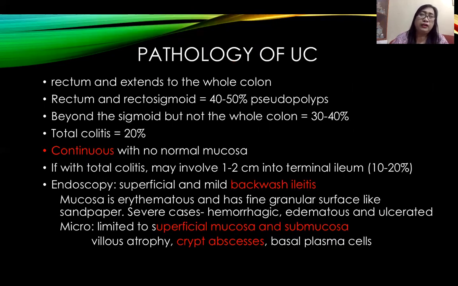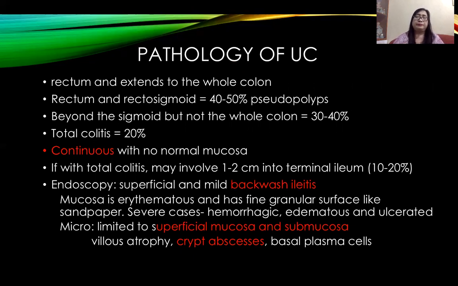So, as to ulcerative colitis, it affects your rectum and extends to the whole colon. The rectum and the rectosigmoid is affected in 40 to 50% of patients with pseudopolyps. Beyond the sigmoid, but not the whole colon, 30 to 40% may have developed pseudopolyps.